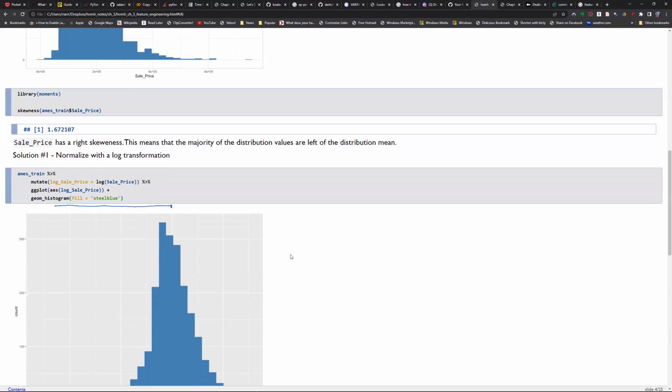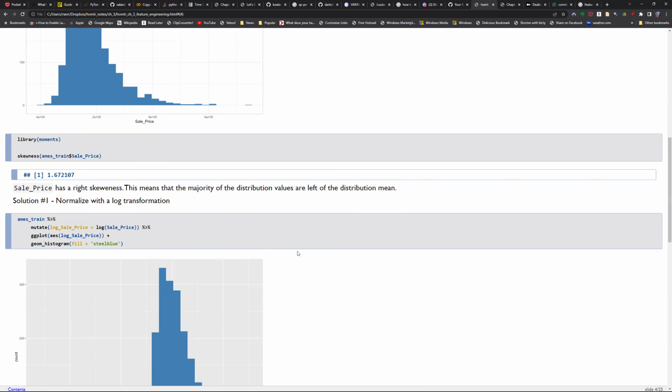So one solution is to normalize with a log transformation. We're going to apply a log function to the sale price so that we can compress that range of values to a smaller range and try to get it to behave as a Gaussian distribution.